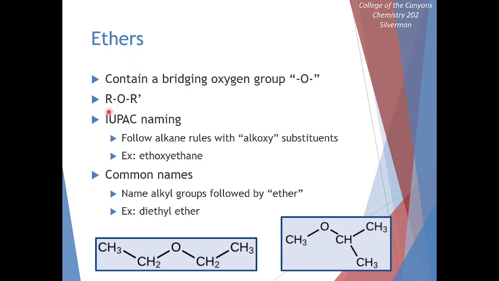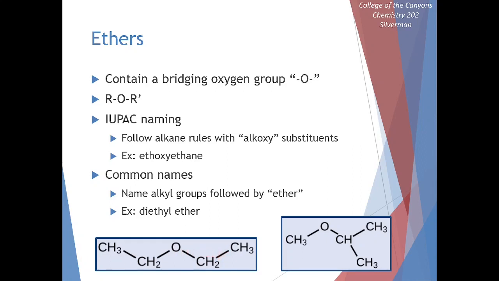We can abbreviate this. R represents a string of carbons, a string of carbons attached to an oxygen attached to a different string of carbons. This is an ether. Or looking at our examples down below, we can have an ethyl group attached to this oxygen, attached to another ethyl group.